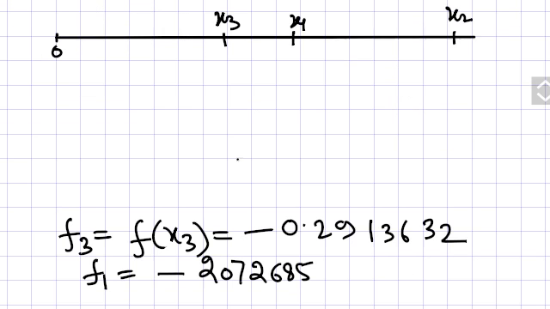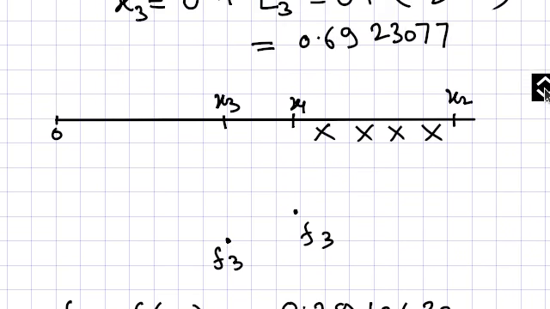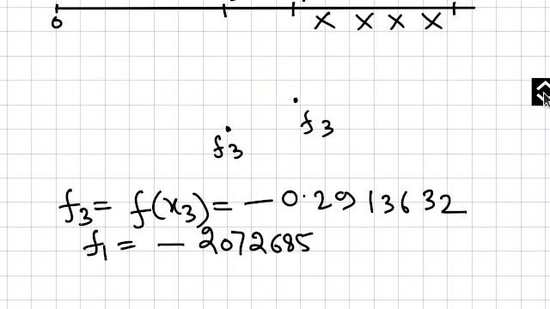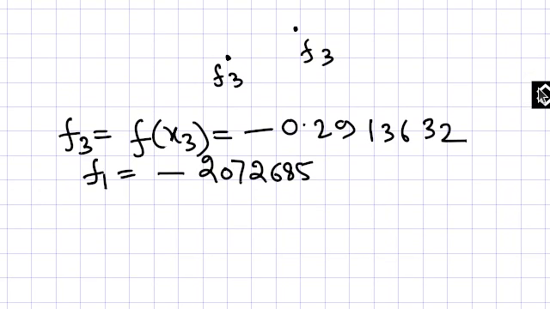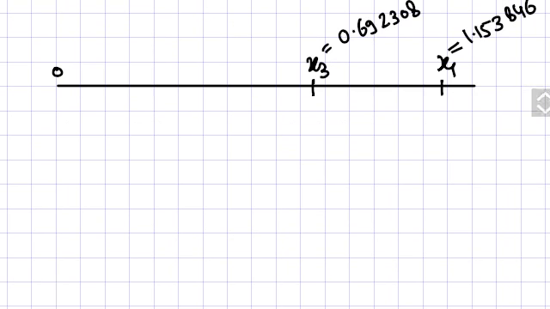You can see that the point f3 is here and f1 is here. So the trend is this, the minimum lies somewhere here. It means that we can remove this section after the third experiment. So now I will draw the next section. This is the view of the next section, and now we will do the fourth experiment.